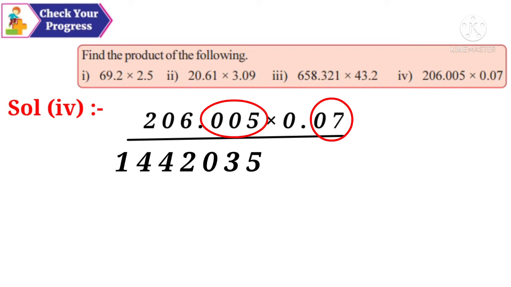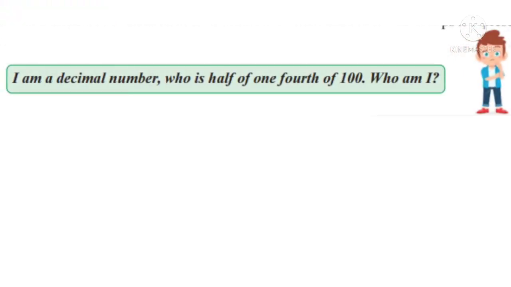So total 5 decimal places. So we have to count from right side to left side. After 5 digits we have to put the decimal point, that is 14.42035.